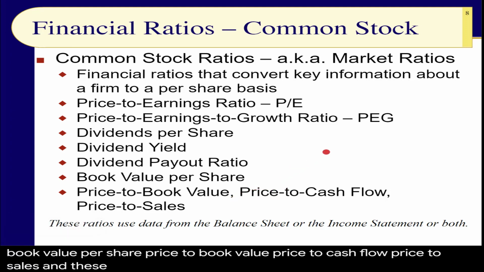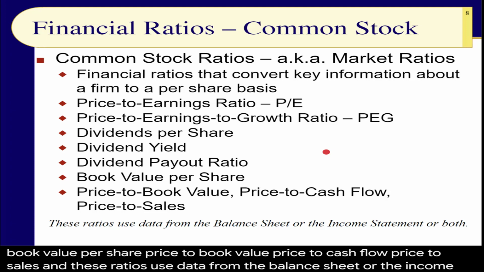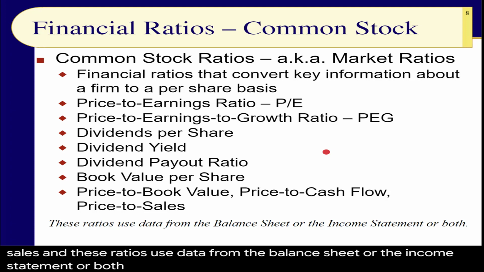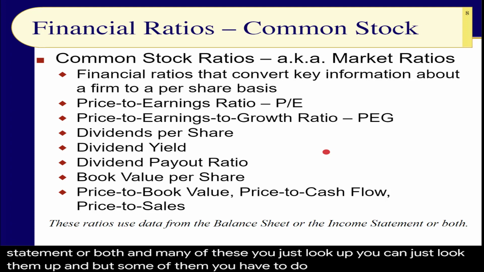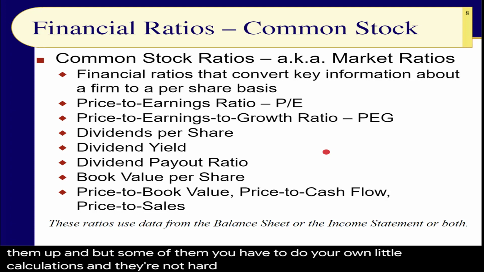And these ratios use data from the balance sheet or the income statement or both. And many of these you can just look up. But some of them you have to do your own little calculations. And they're not hard. All you need is your 99-cent calculator and the financial statements.